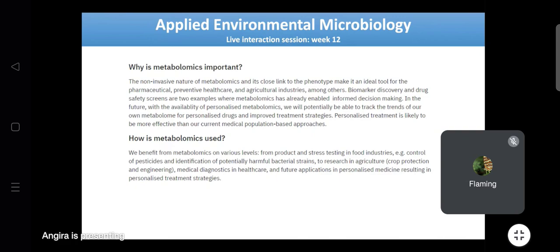So basically, metabolomics is used on various levels, from product and stress testing in food industries to pesticide and identification of potentially harmful bacterial strains. It is also used in research agriculture and also for medical diagnosis in healthcare. Also, it finds its future application in personalized medicine and personalized treatment strategies.